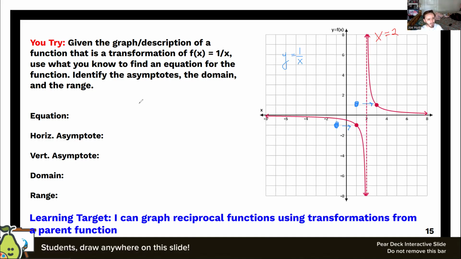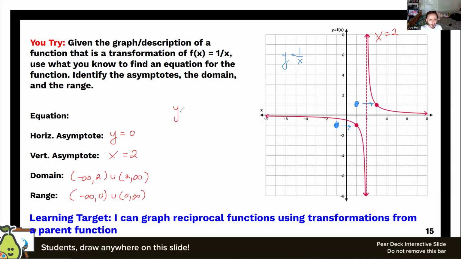So I haven't gone up or down. It still looks like my horizontal asymptote is y equals 0, but I have shifted right 2 units, so my vertical asymptote is x equals 2. My range then is going to be the same as the parent function's, from -infinity to 0, and then from 0 to infinity, but the domain's different. I can be everything except x equals 2.